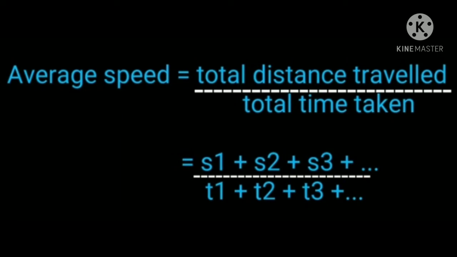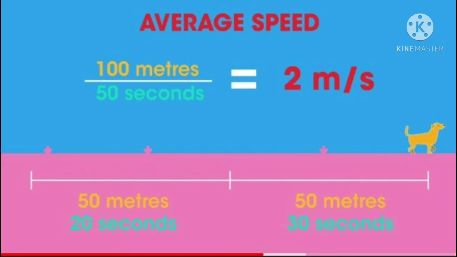If a body is in non-uniform motion, by looking at the different distances and times we cannot predict the speed of the object, but by finding the average speed we get an idea.